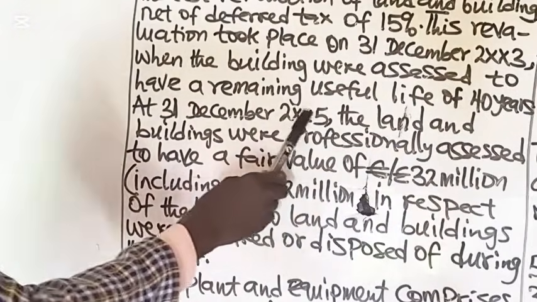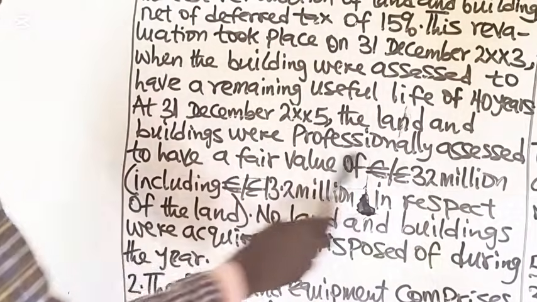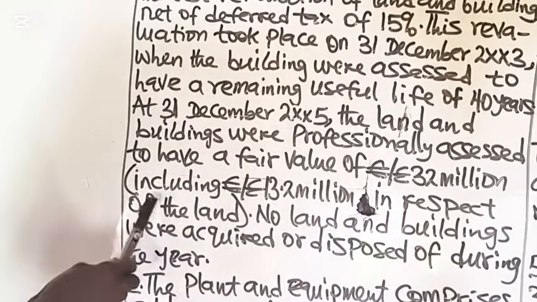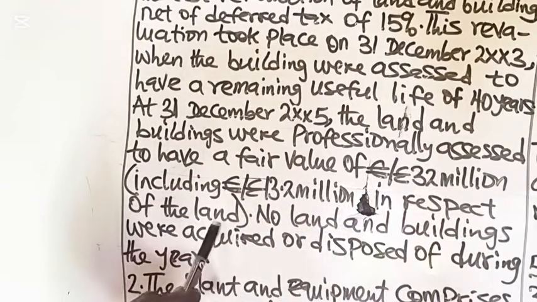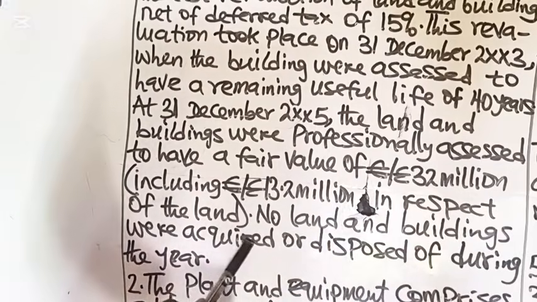At 31st December 2005, the land and buildings were professionally assessed to have a fair value of 32 million euro, including 13.2 million euro in respect of land. No land and buildings were acquired or disposed of during the year.